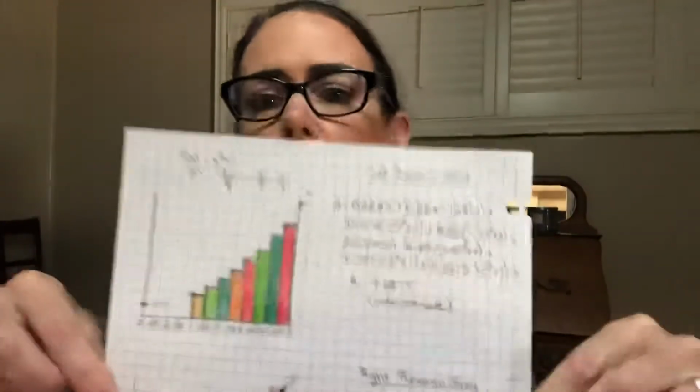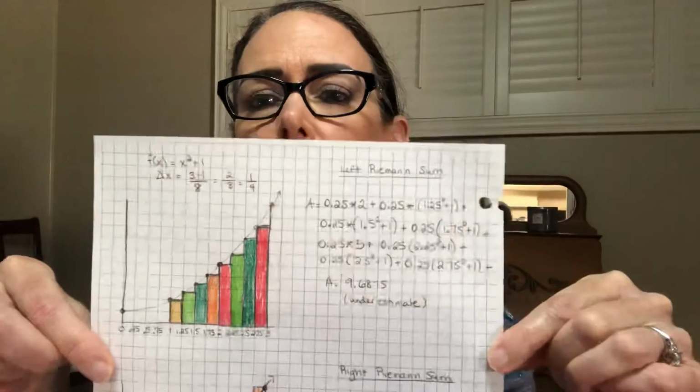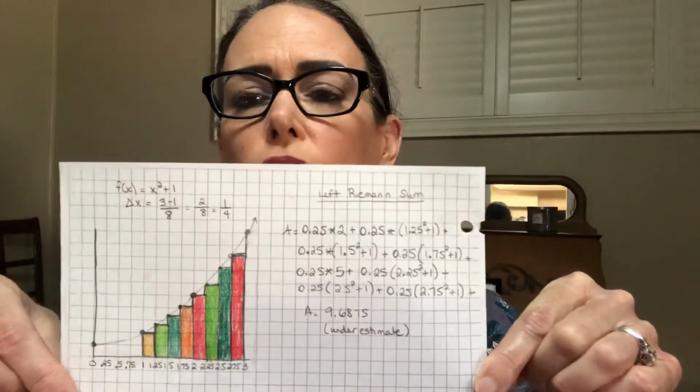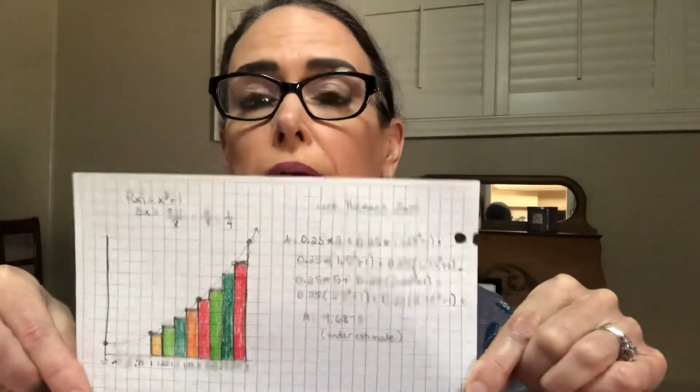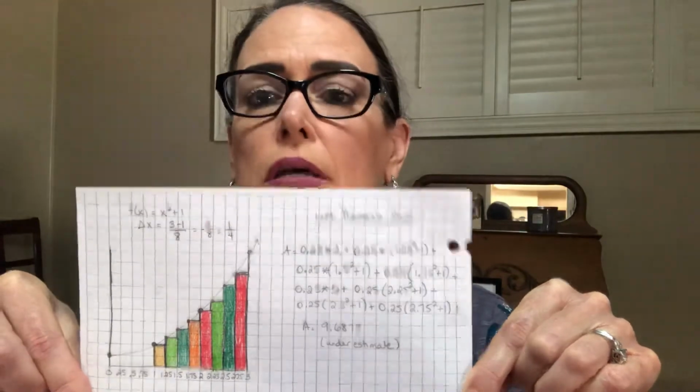All right. So before we left for break, we were studying the Riemann sums, and I wanted to remind you what that looked like. So here is just an example. Remember how we took a function and graphed it over a certain interval, and then we made the rectangles and then found the area of each rectangle?